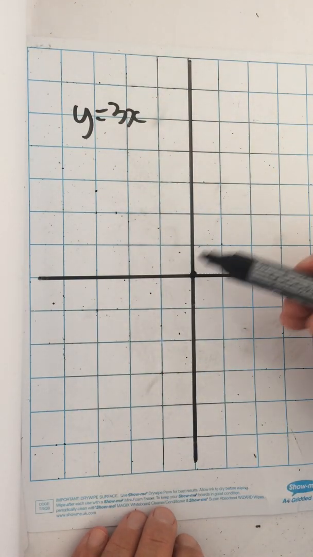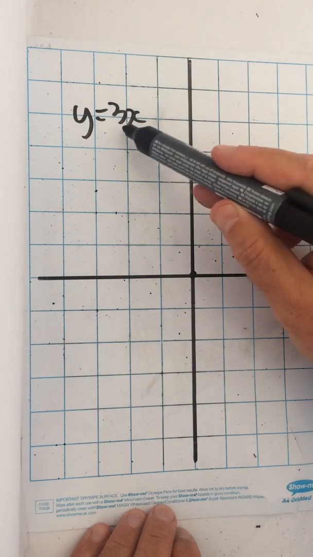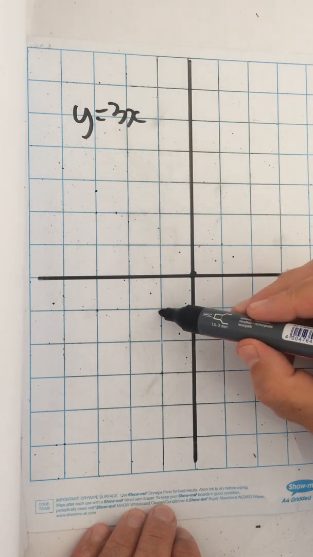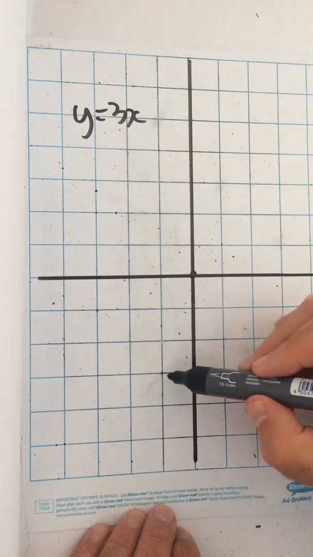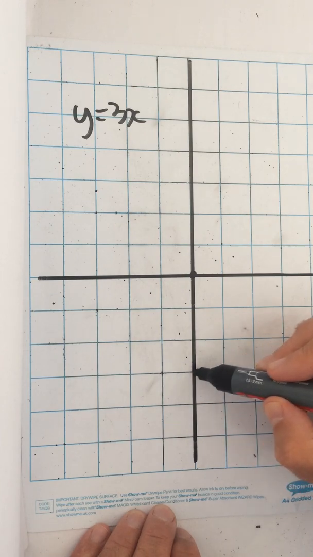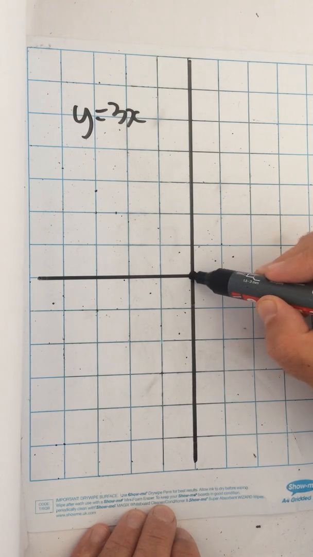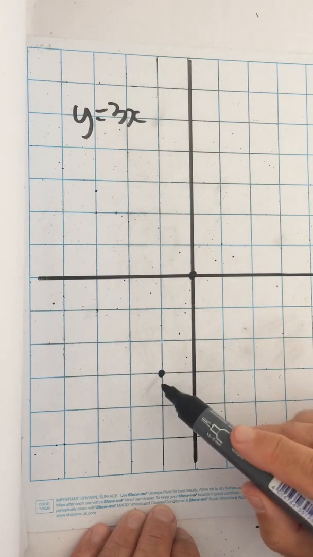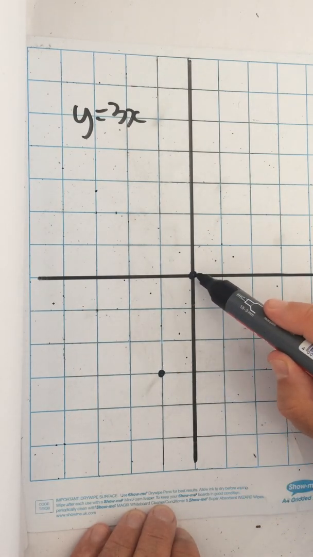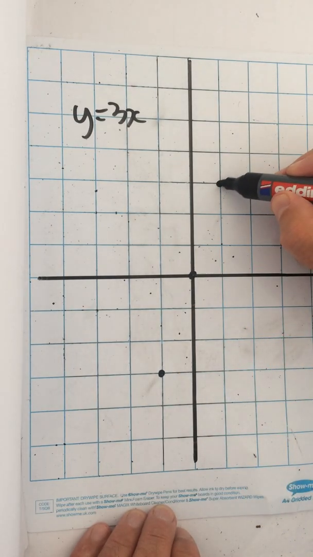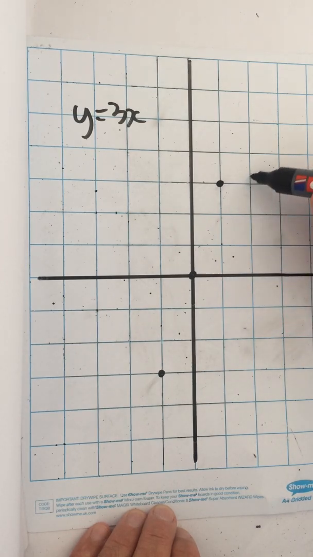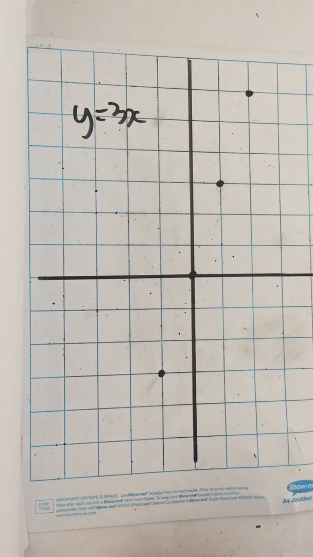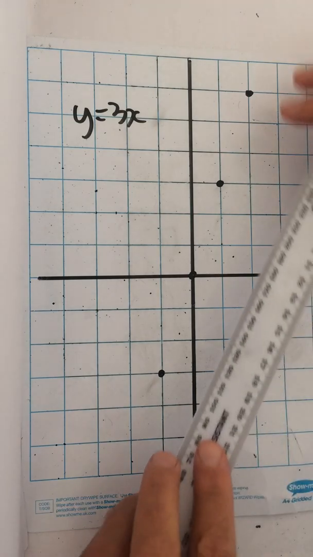So with 3x, the gradient is 3, that's for every 1 across, there's 3 up. So this is going to be my first point, then I go 1 across and 3 up to there, and then from here 1 across and 3 up. So from there I have my first line.